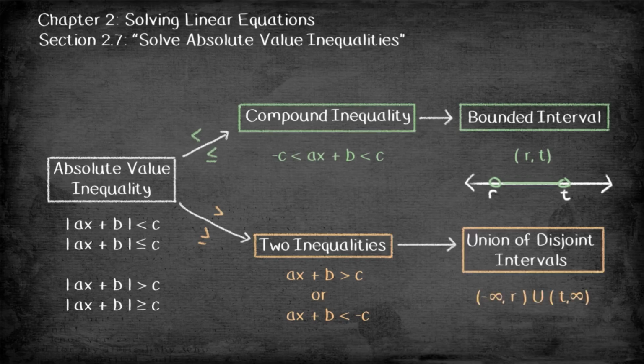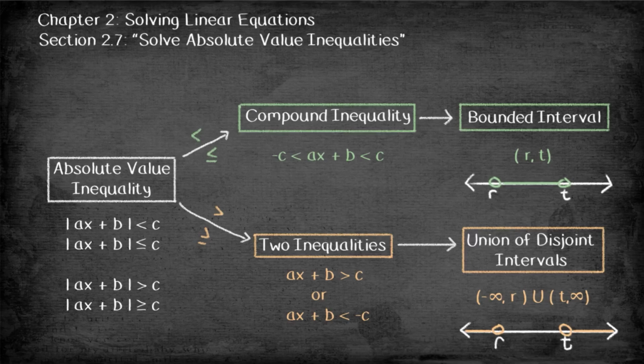For the bottom, we end up with a union of what are called disjoint intervals, or non-overlapping. So the two intervals that you end up with when you're talking about greater than or equal to are separate like this.